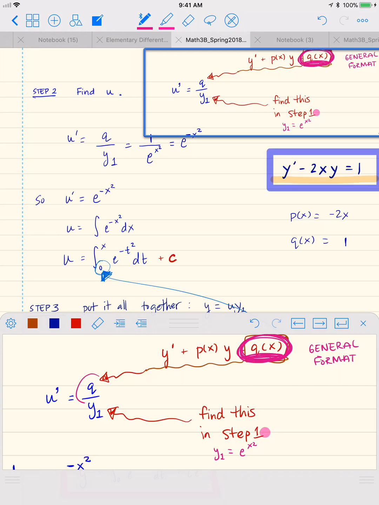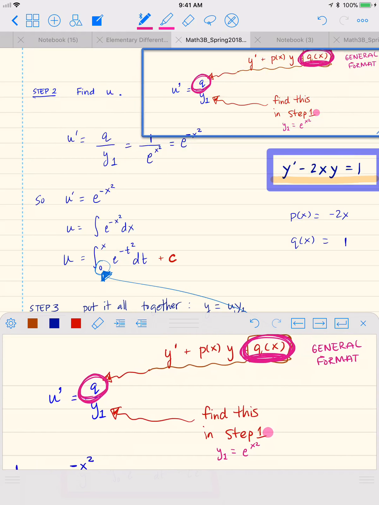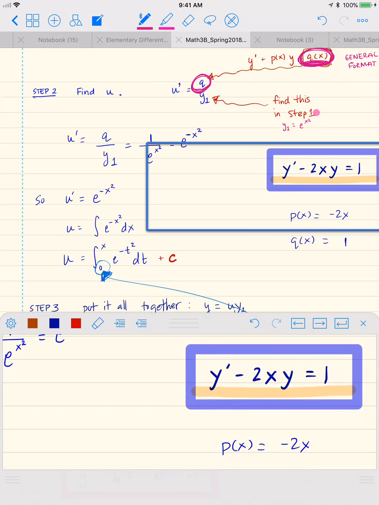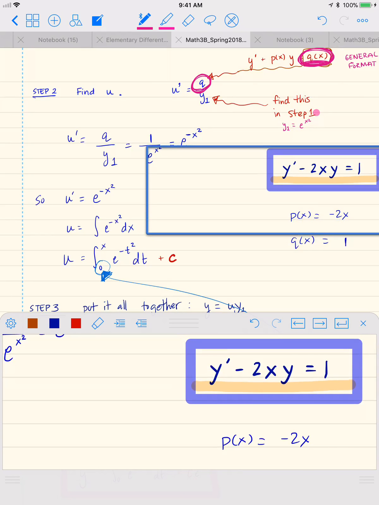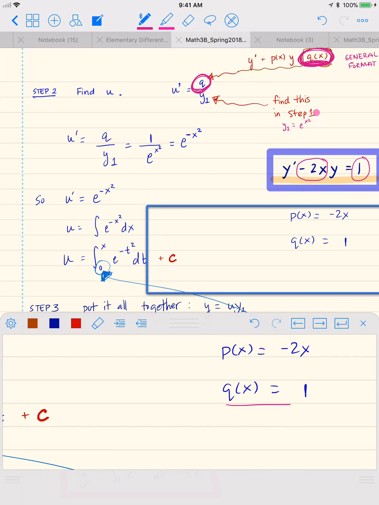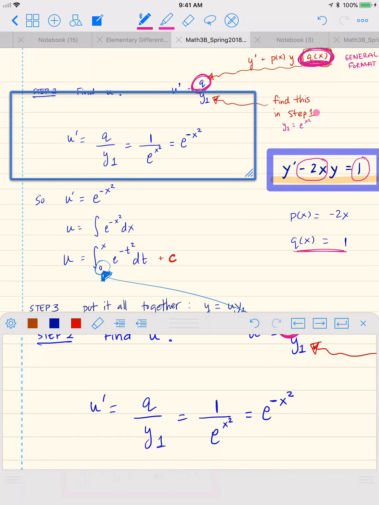For us, what is q? We need to look back at our original differential equation. According to it, p of x is negative 2x, and q is just going to be 1. So q of x is equal to 1. We plug this in: u prime is equal to 1 over e to the x squared, which we can rewrite as e to the negative x squared.